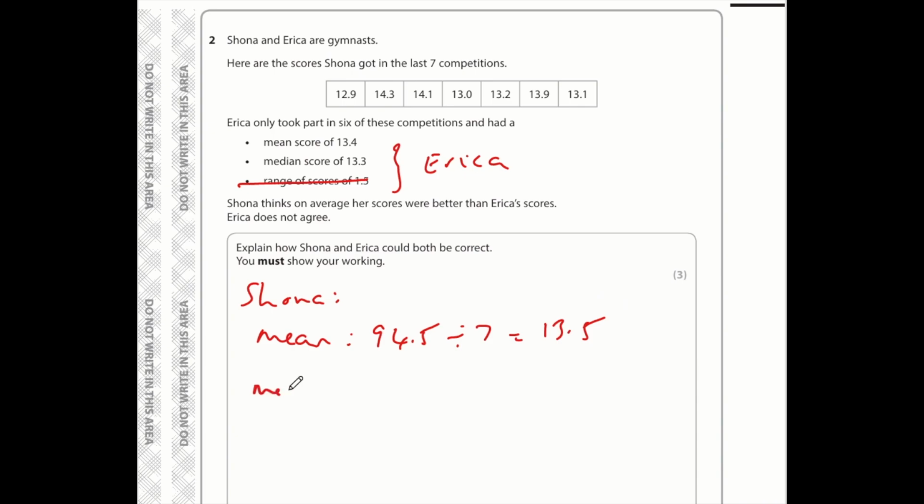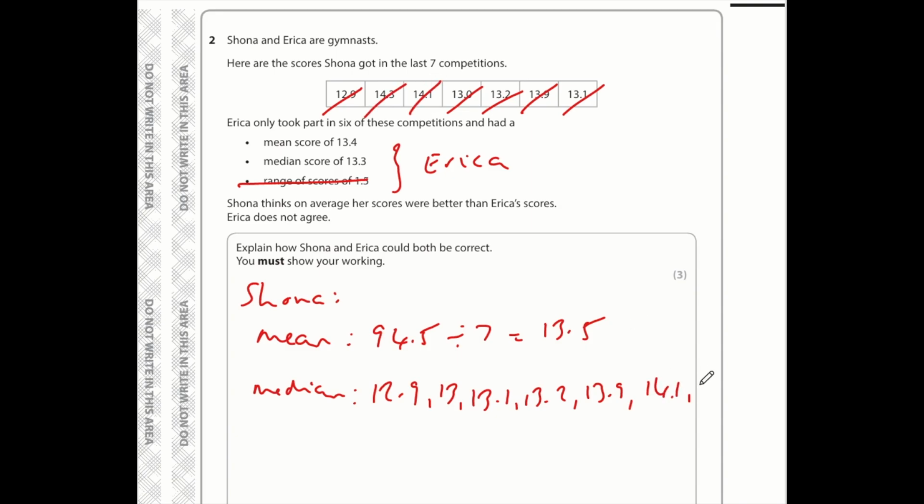And for the median, what we need to do is put these in order and then pick the one in the middle. So which one is the quickest? We've got 12.9, 13.0, 13.1, 13.2, 13.9, 14.1, 14.3.